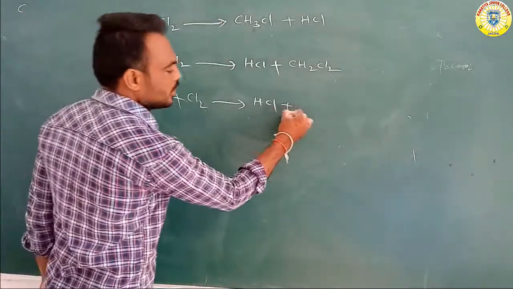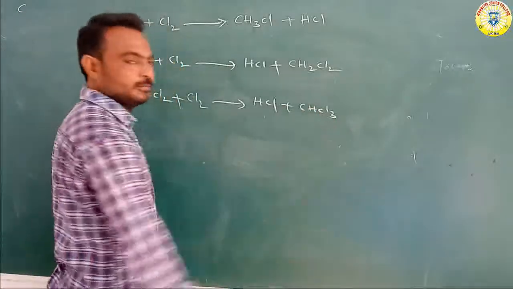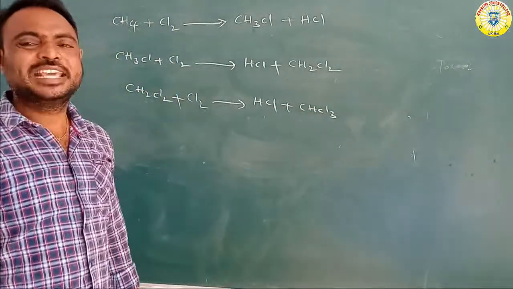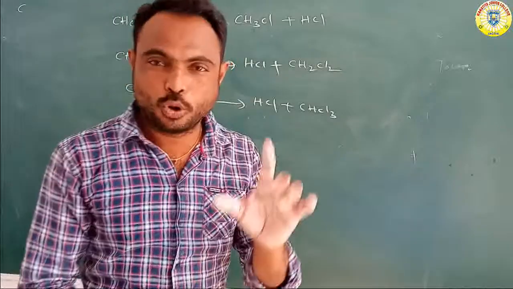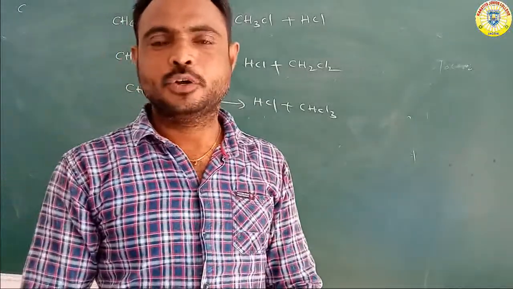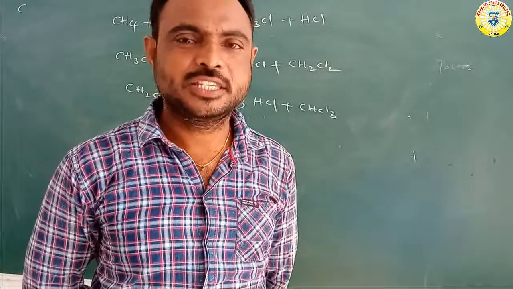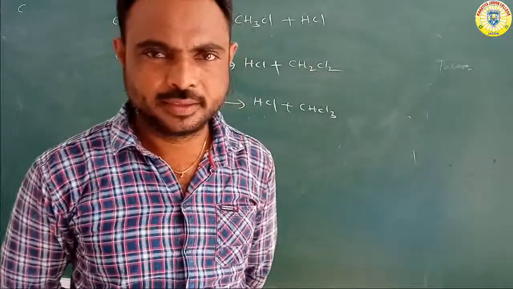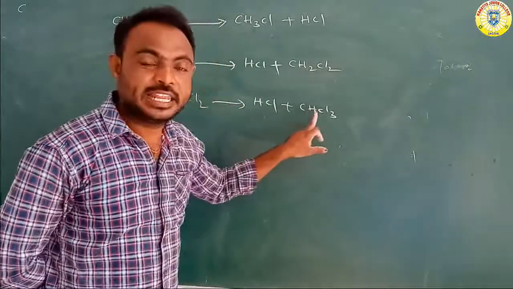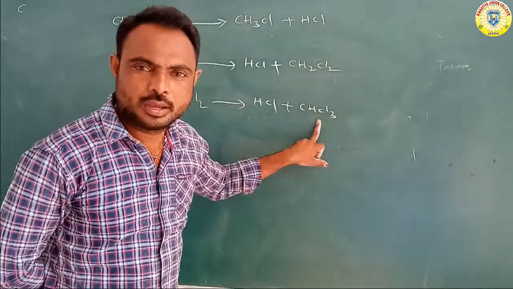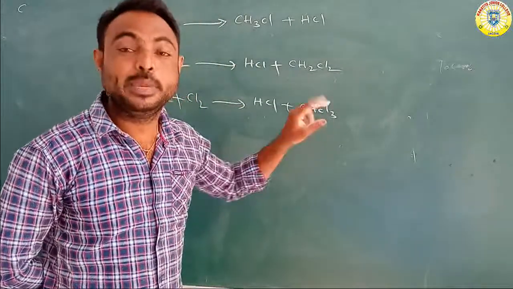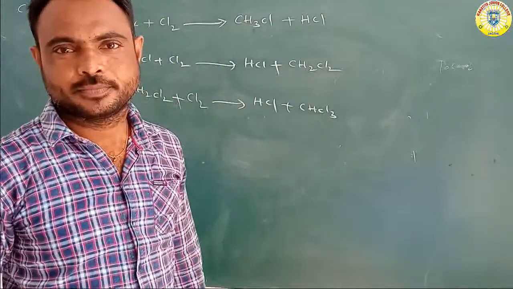Next, CHCl3. What is CHCl3? Chloroform. What is the formula of chloroform? CHCl3. CHCl3 is also called trichloromethane.